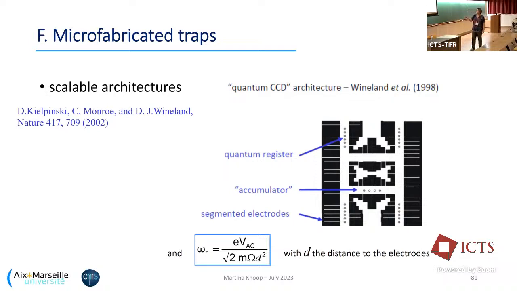Okay. And in this proposal, you will see this is the proposal of this sort of scalable architecture. If you want to work with individual ions and be able to manipulate them just as you manipulate bits in a classical computer, if you want to control the qubits in a quantum computer, then you have to be able to have access to them individually, to control them individually, to manipulate them individually.